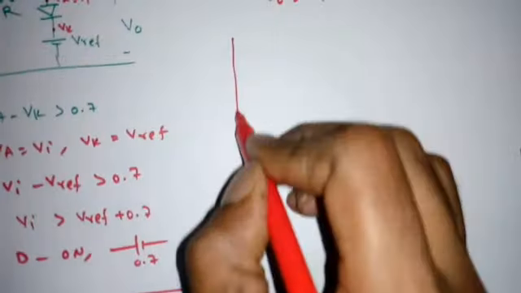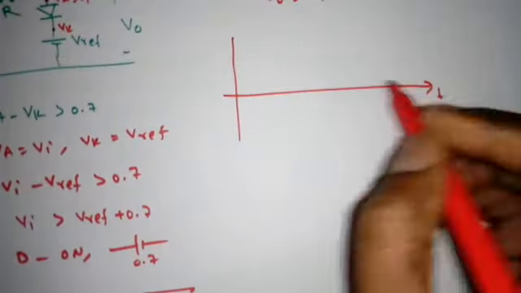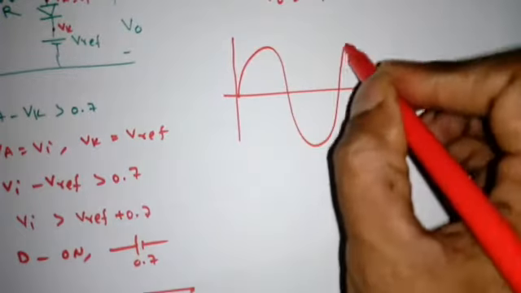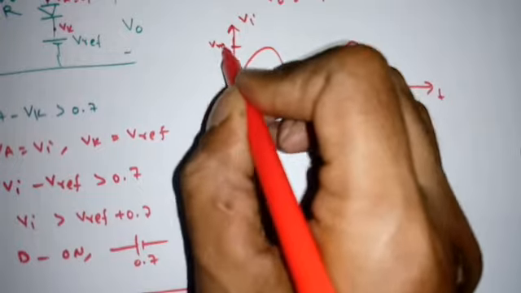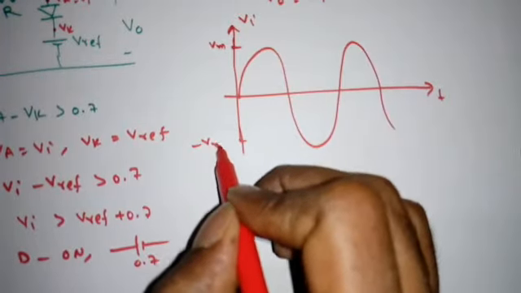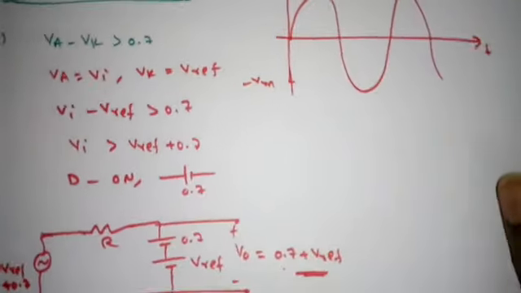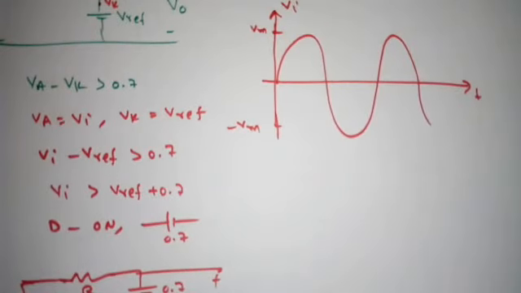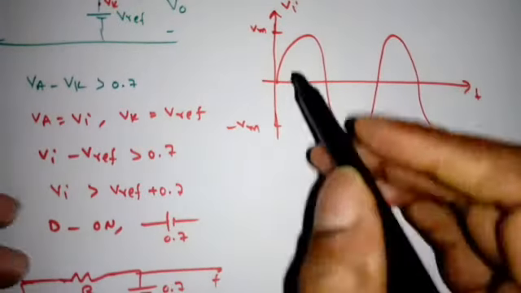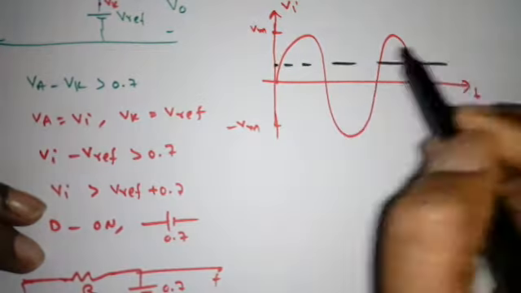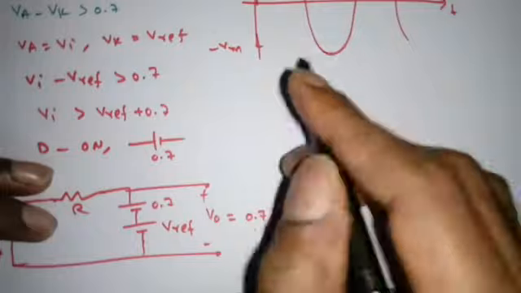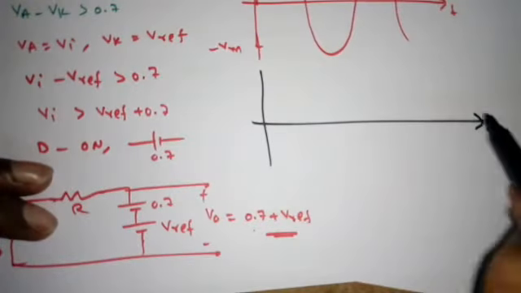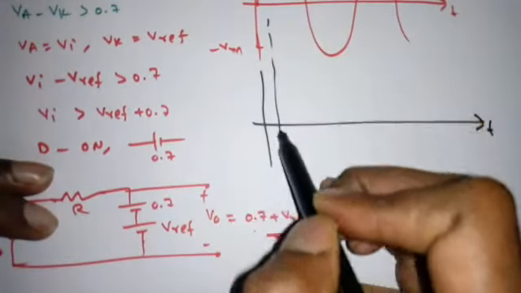Now how to draw the output waveform? Suppose again I am taking the sinusoidal. This is the Vi, Vm minus Vm. Now what is the reference value now? Now it will become Vref plus 0.7. So this is the reference value.